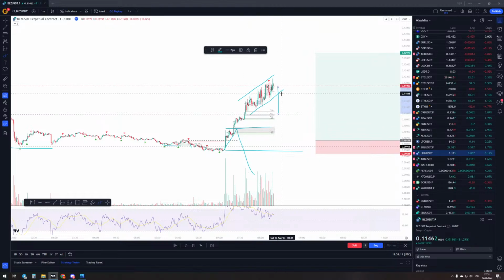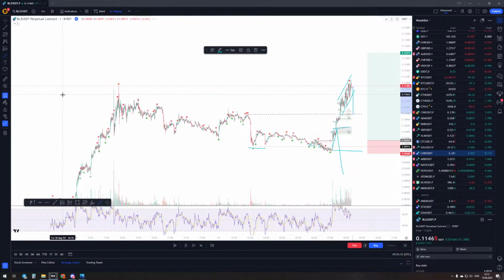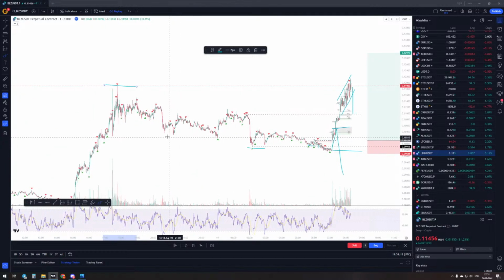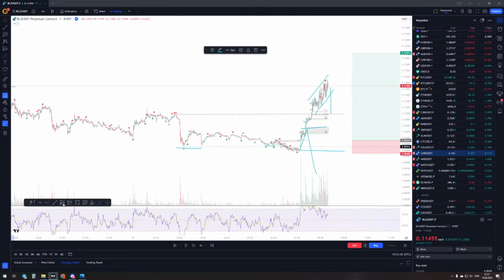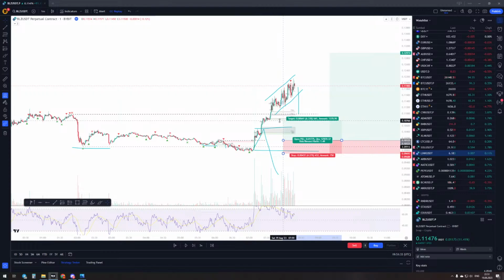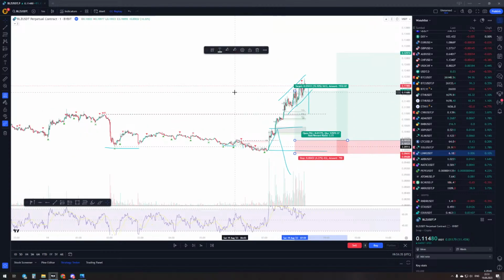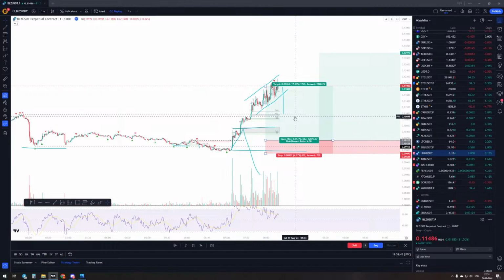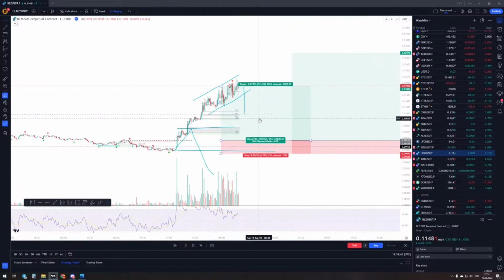It's building liquidity, and also we took liquidity from this high, which is a really good indicator that I want to go out. I have a long position to this high. So it's 1 to 4, which is super good.